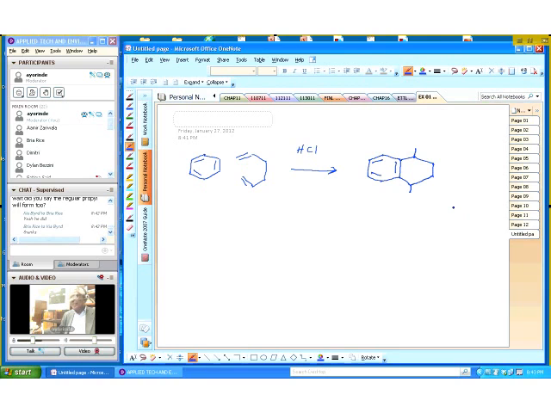What I want you guys to do now is to give me the mechanism of this transformation. How do I start doing this?